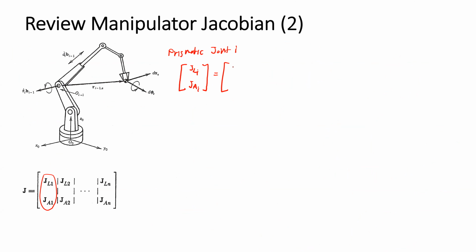So for linear motion, we have the unit vector of the frame I minus 1.